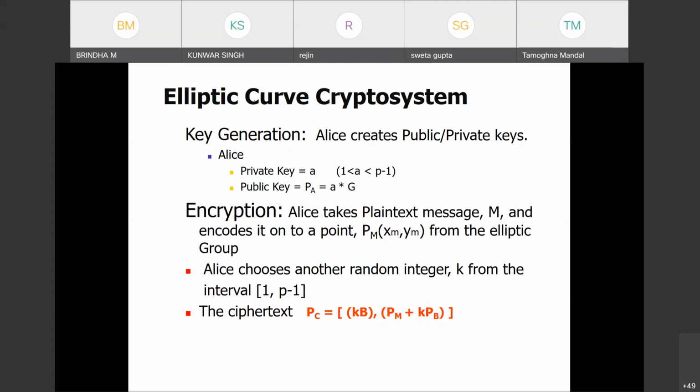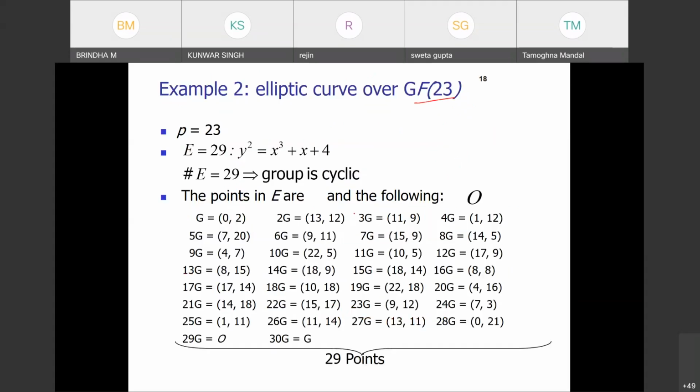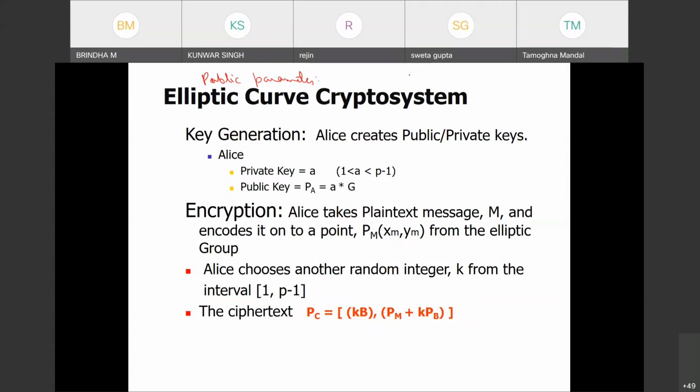Public parameters will be there. I forgot to put this public parameter. The public parameter is a cyclic elliptic group like this one, for some large prime, over GF(p).